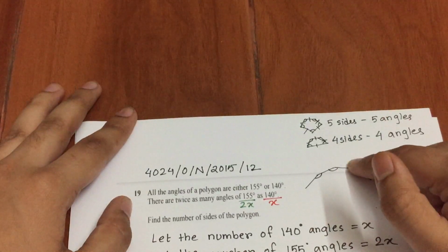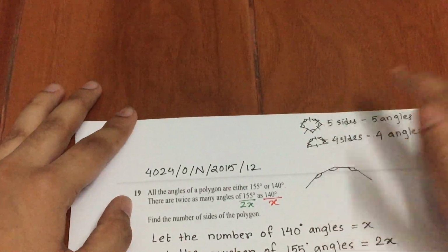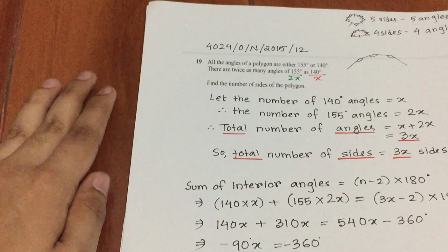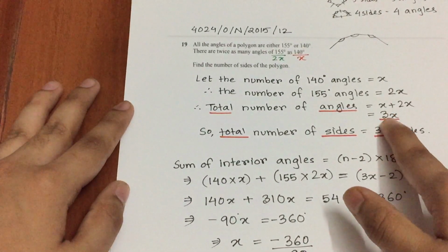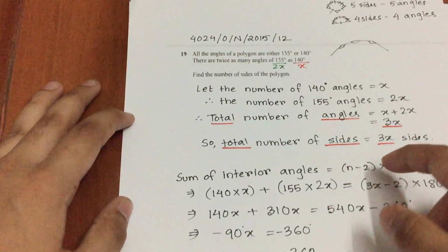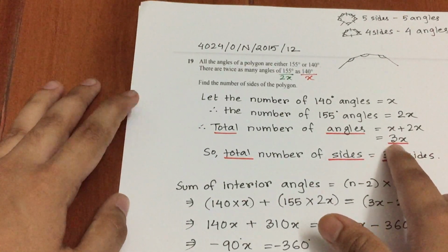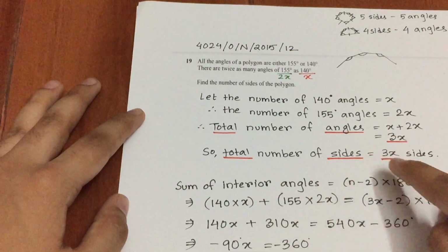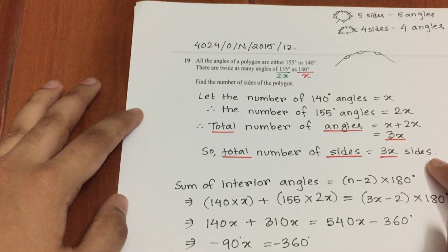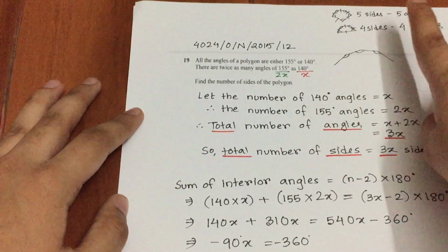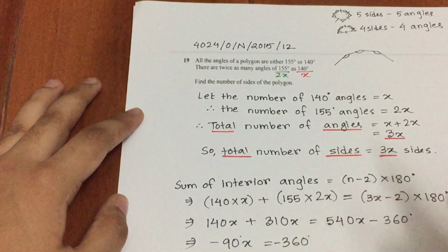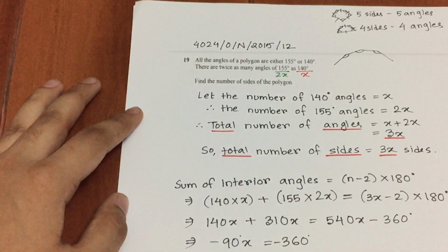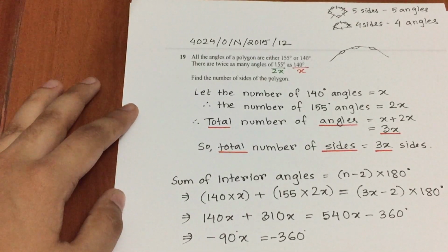If it's a 4-sided polygon, then there are 4 angles. So similarly, if this polygon has 3x angles, that means the number of sides will also be 3x. Because 5 sides have 5 angles, 4 sides have 4 angles. So 3x sides will have 3x angles. So that's the total number of angles.